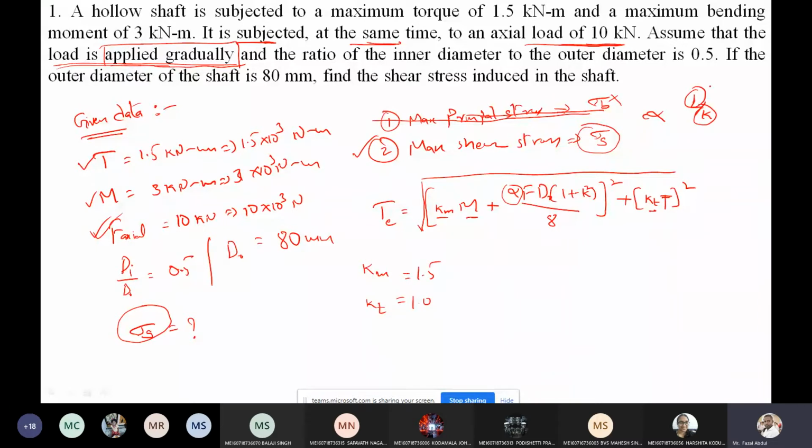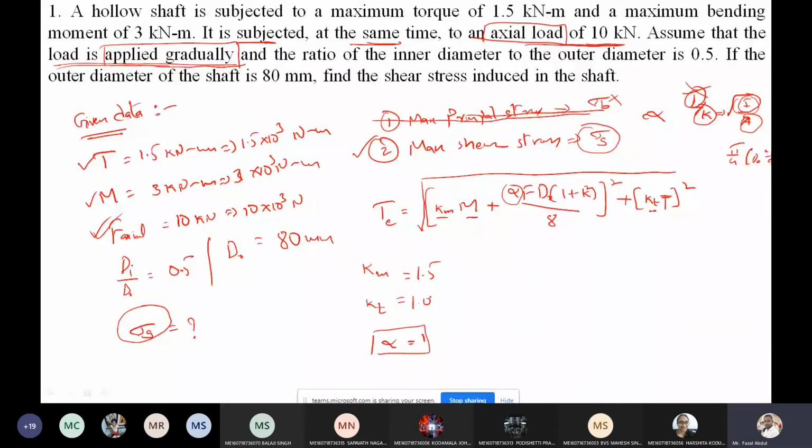The length of the shaft is not given in the question, and radius of gyration is nothing but square root of I by A. The moment of inertia is not given. Area we can calculate, that is pi by 4 into (d naught square minus di square), but I value is not given. So for that reason, alpha value we are directly taking as 1, because the question gives axial load. Whenever you find an axial load, we have to take alpha as 1.